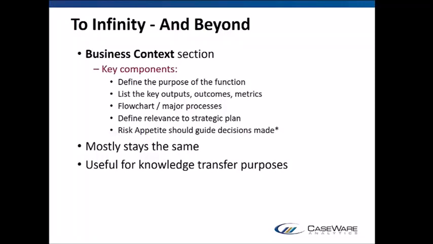Basically, you should, at a bird's eye view, know kind of how this organization fits in and what the major processes are. You need to define the relevance to the strategic plan. It should be pretty clear in this particular operation that there is a direct linkage to what the CEO and the C-suite, what they want to see. It should be clear. If it's not, then maybe this is not something we need to create a business profile on. The risk appetite should guide the decisions made.